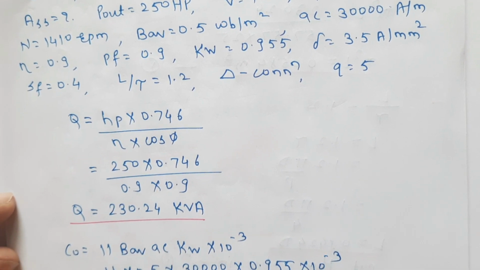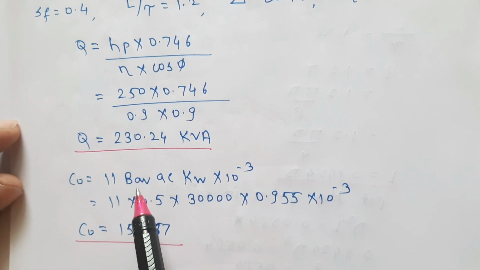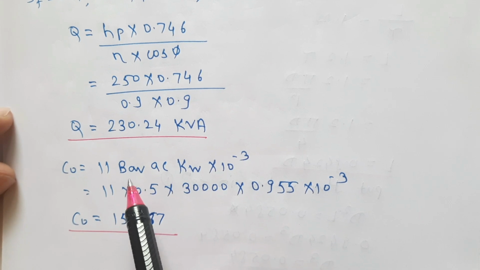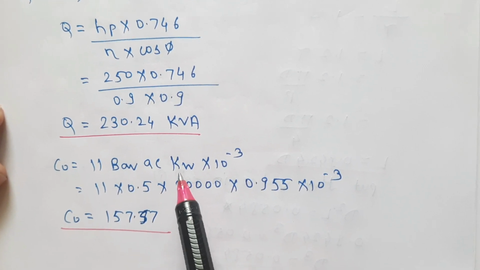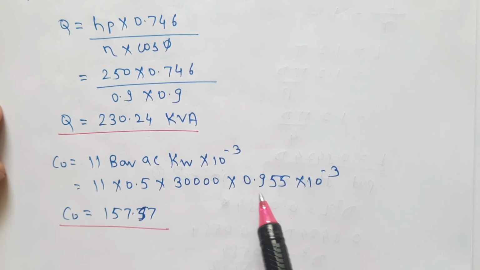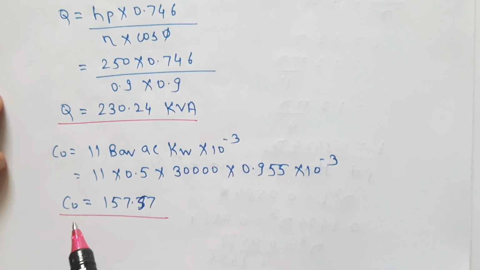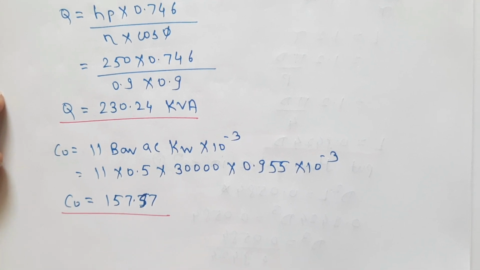Now the next step is C0 is equal to 11 BAV AC kW into 10 to the power minus 3. The value of BAV, magnetic loading, is 0.5, electric loading 30,000, into kW 0.955 into 10 to the power minus 3 as it is. From this, we will get the value of C0 is equal to 157.57.